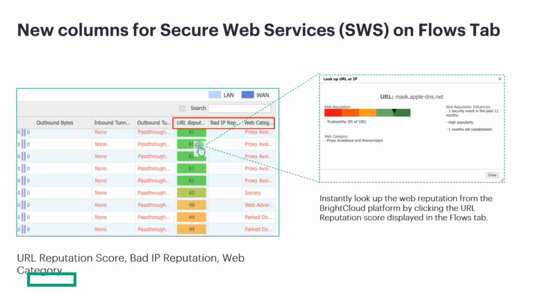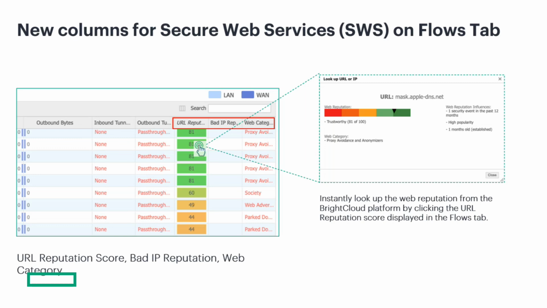In the flow table, there are 3 new columns that get added. These are hidden by default, but you can go and enable them. Those are URL reputation, bad IP reputation, and the web category information. If you click on URL reputation, internally it will fetch that URL reputation and the details from the Brightcloud website, and then it displays right there on the flow table as a pop-up.